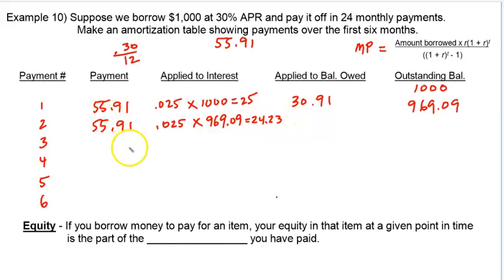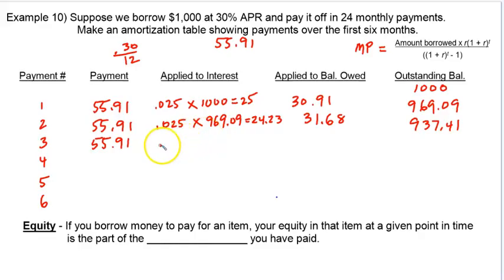So $55.91 minus $24.23 is $31.68, and our new outstanding balance will be $969.09 minus this $31.68, and that's $937.41.